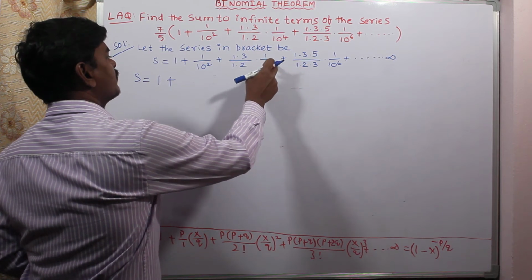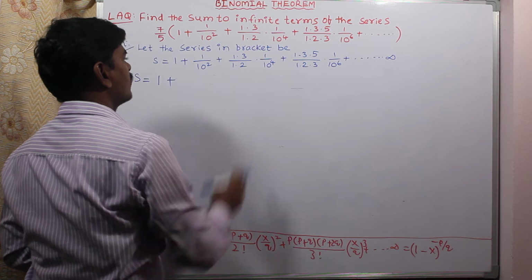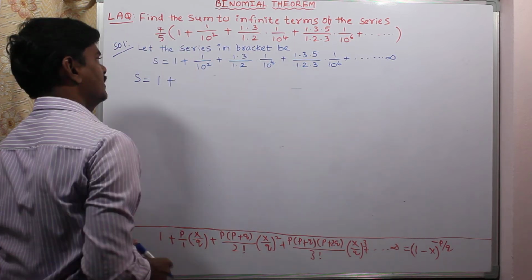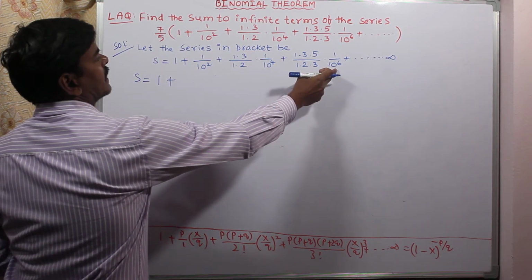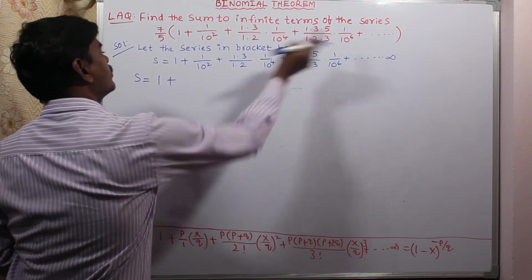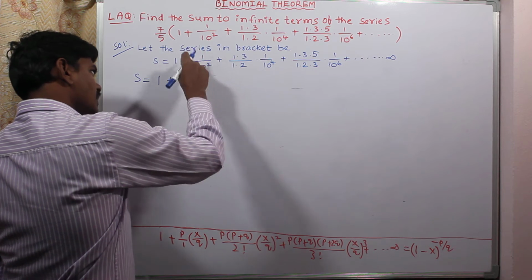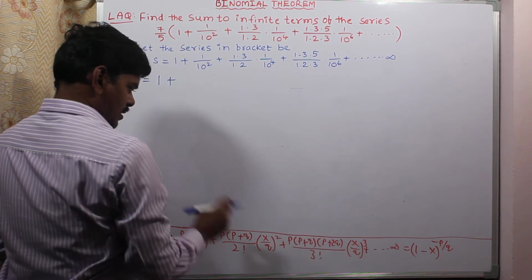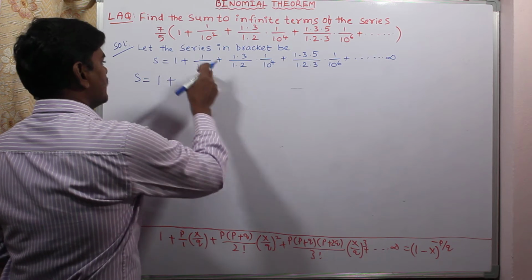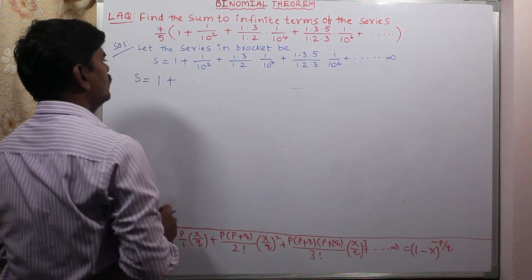1 by 10 power 4 can also be written as 1 by 10 square whole square. So here I can have 1 by 10 square whole cube, and here I had 1 by 10 square whole power 1. So I can understand 1 by 10 square is our x by q value.